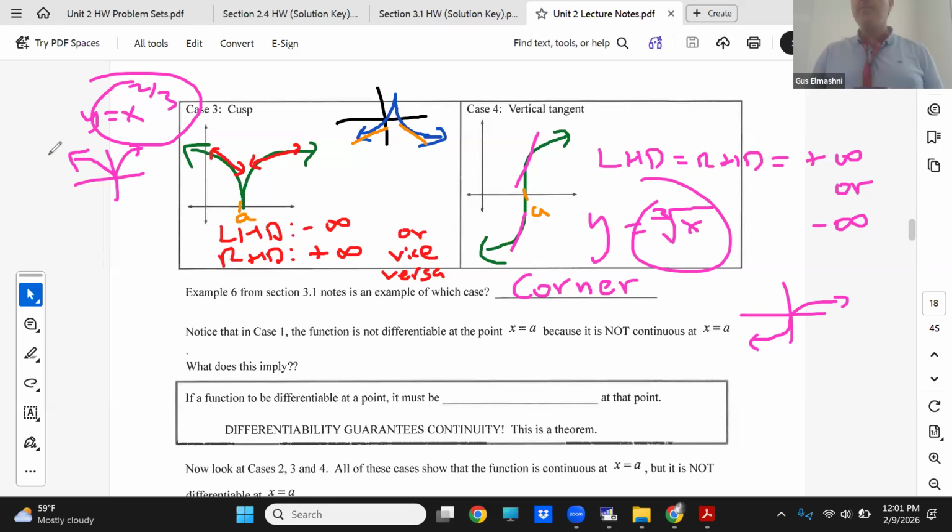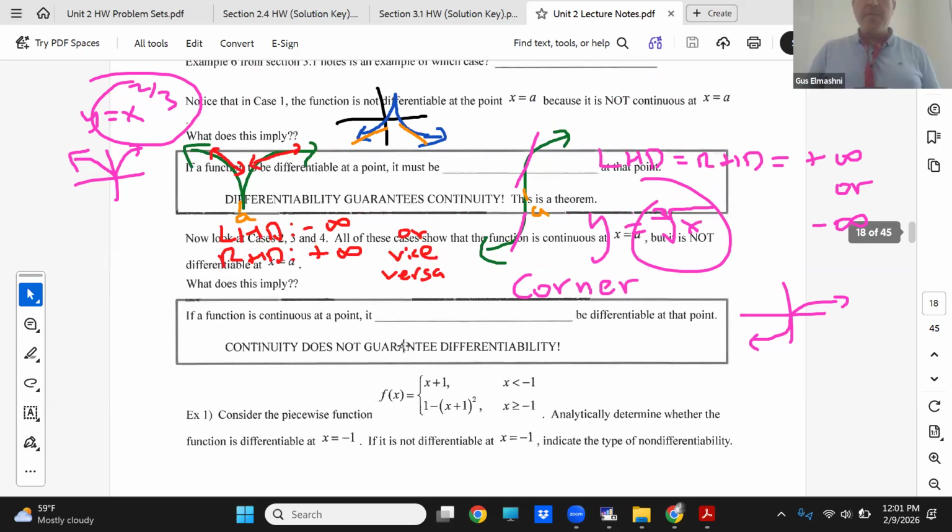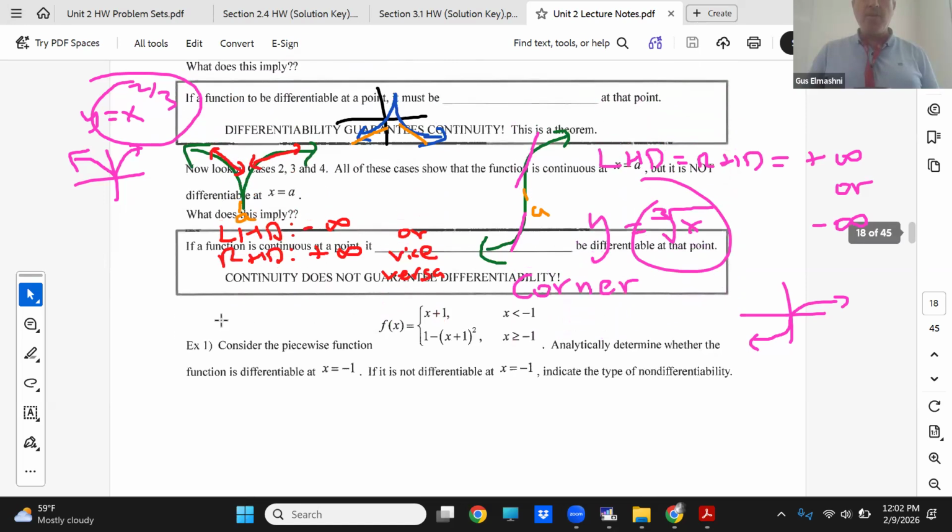But just like how we had different kinds of discontinuities, you have different ways of lacking differentiability, if that makes sense. Something to keep in mind. I did say earlier that you do need continuity for differentiability to happen.